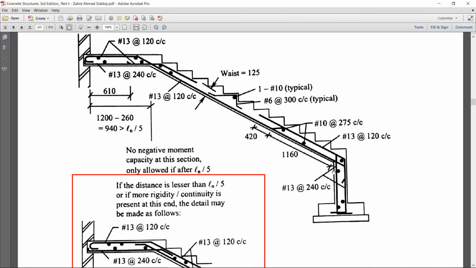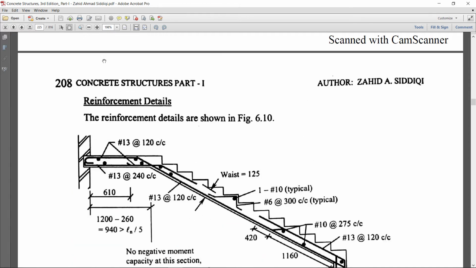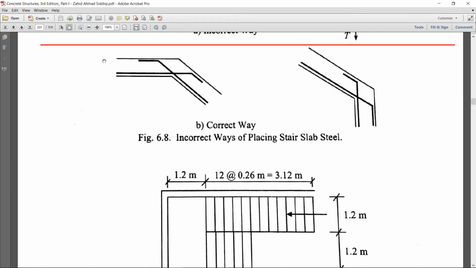So this end is a fixed slab, and at this end this is a support type connection of landing, and then after this landing the slab will continue upward. So it means the slab on one end is fixed and on the other end is continuous.